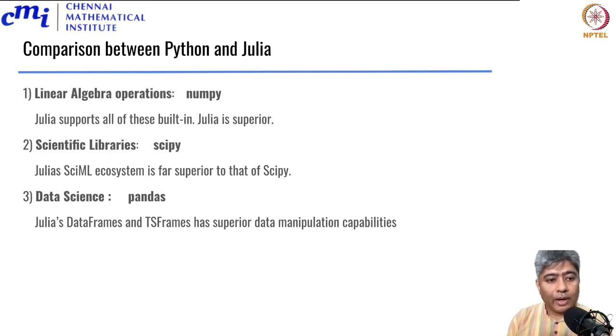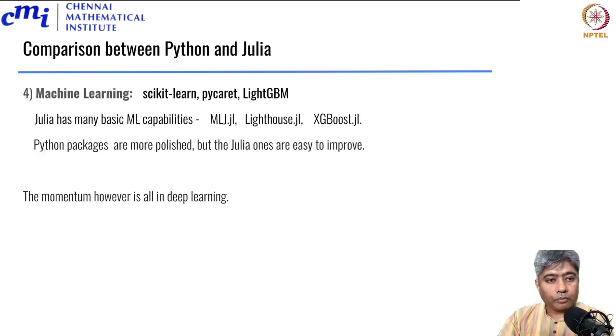For the scientific library SciPy, the Julia SciML ecosystem is definitely far superior. For data science packages like Pandas, Julia's DataFrames and TSFrames have superior data manipulation capability, and TSFrames is being developed by our group, by Chirag, Ajay and Ayush. I'll tell you about them later.